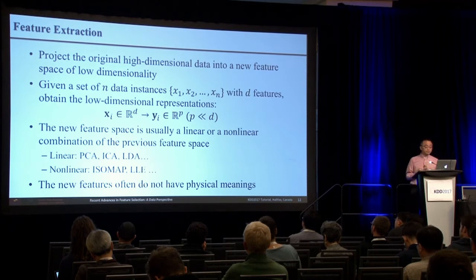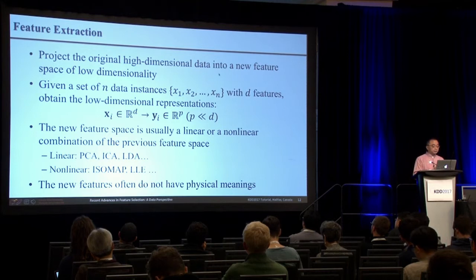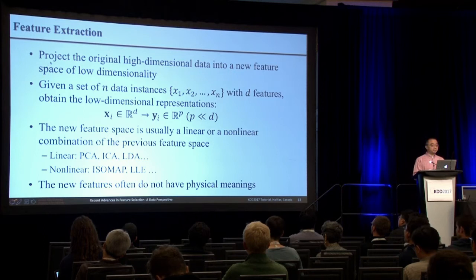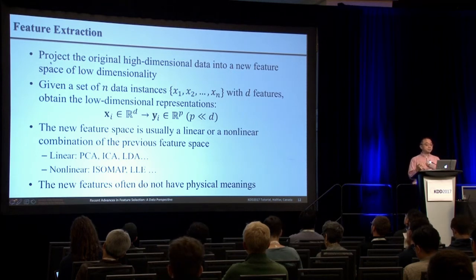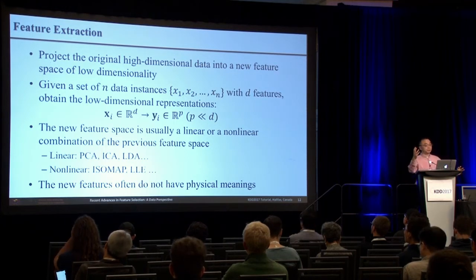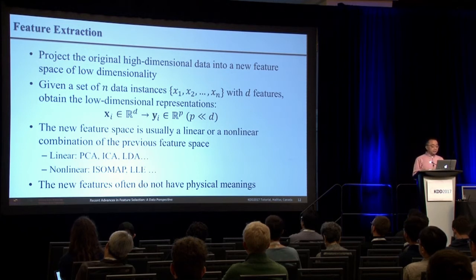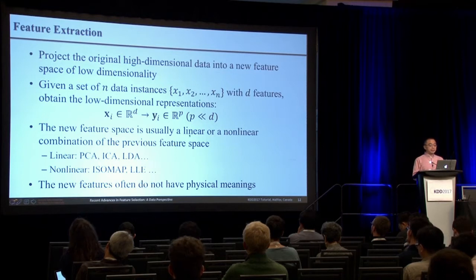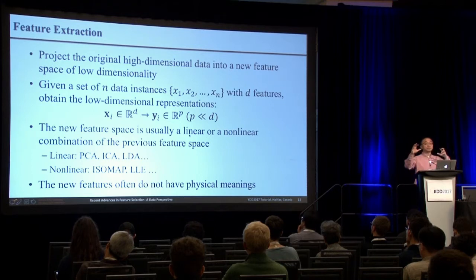Feature extraction has many methods, but you only need to remember this point. Feature extraction projects the original high dimension data into a new feature space, from one space to another space. The new feature space is usually a linear or nonlinear combination of the previous feature space. These 2 spaces are different now.